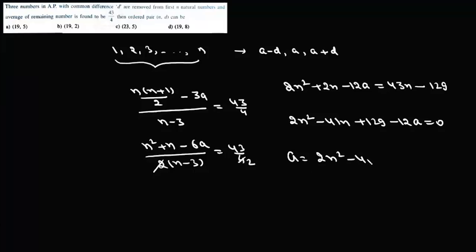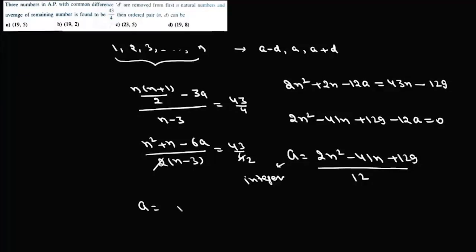Now we can write this a as 2n square minus 41n plus 129, divided by 12. Now this a has to be an integer. We can also write this as a equals n into 2n minus 41 plus 9, and then we write this as 120.